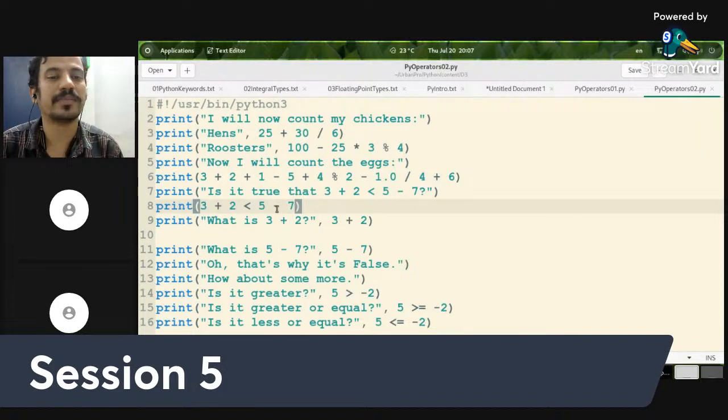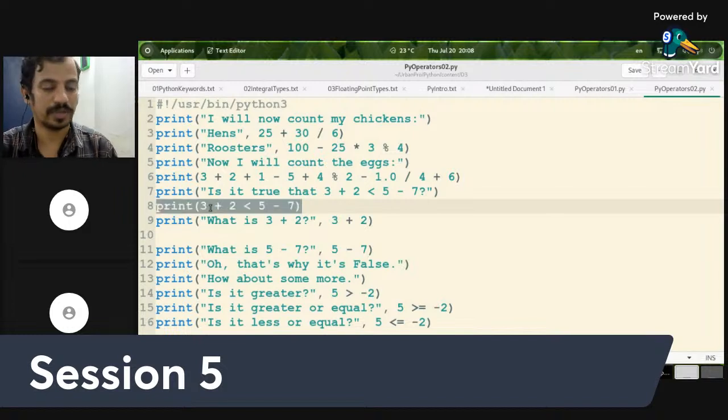Is 5 less than minus 2? What is the answer? 5 less than minus 2. False. The result will be false. 5 is not less than minus 2, so the result will be false.